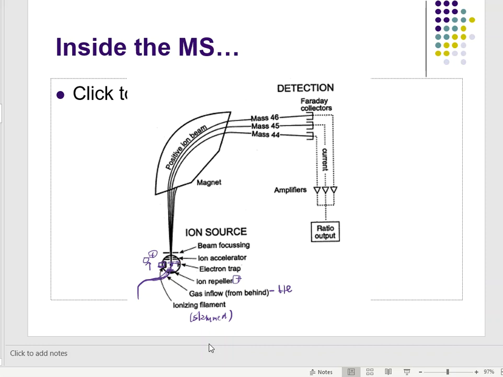The ion accelerator plates. Well, these are also positively charged. These ion accelerator plates will push this positive piece through the quadrupole even better than the ion repeller that's down here at the bottom. The beam focusing plate, well, that just allows everything to escape out of the ionization chamber at one location.